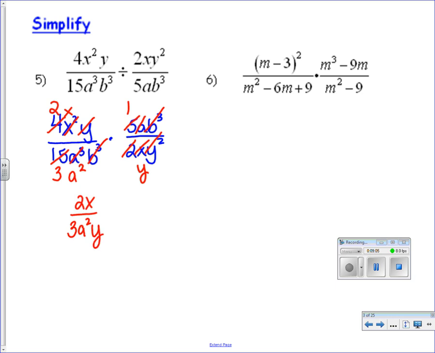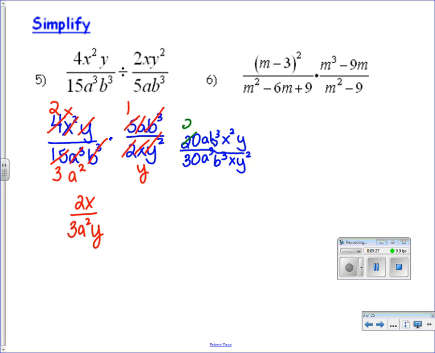If you wanted to just leave the original problem without the cross canceling, you could. You'd have 20 ab cubed x squared y, and then multiply the bottom across, and you'll get 30 a cubed b cubed xy squared, and then start canceling. So again, you can see where the 2/3 comes from.